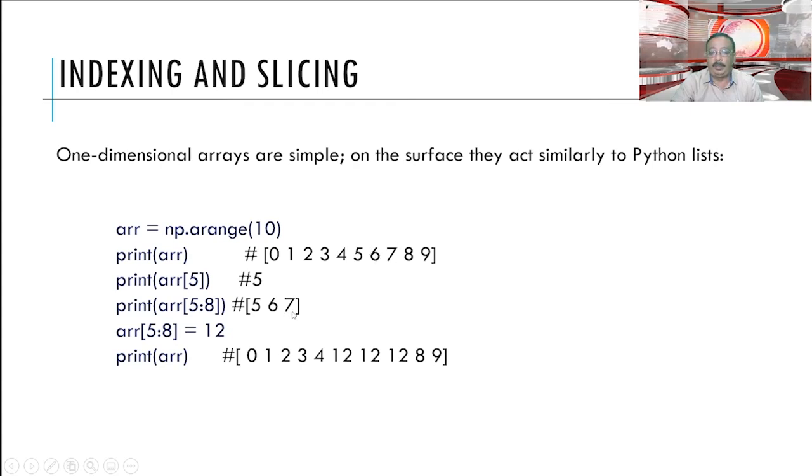So 3 elements are displayed for the command 5:8. If you want to change the values, you can, since an ndarray is mutable. For 5:8, we are assigning the value 12. So instead of 5, 6 and 7, the value 12 is going to be displayed here. So it is mutable; you can change the values of the NumPy array.